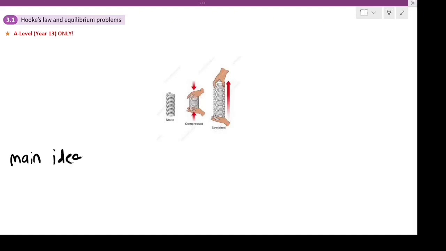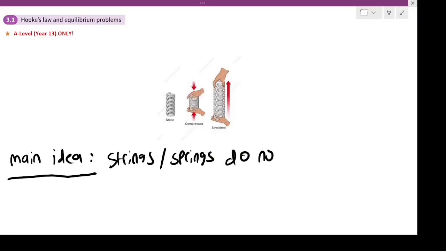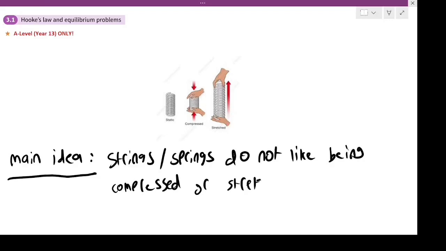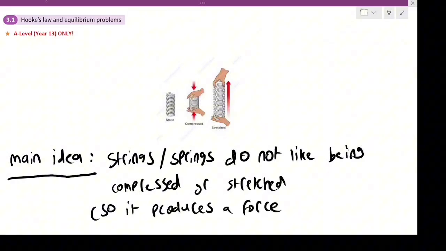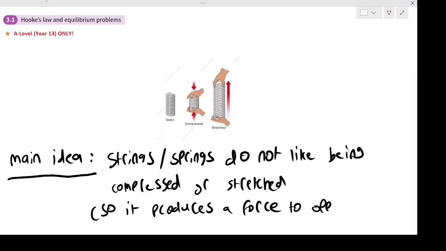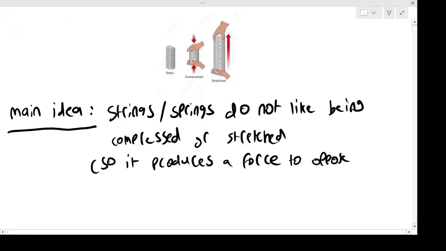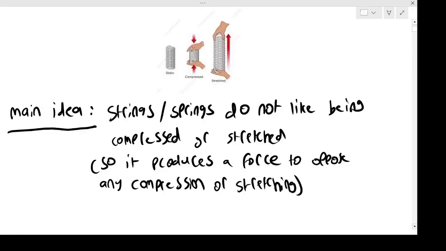The main idea with a string or spring is that strings or springs do not like being compressed or stretched, which means in terms of forces, it produces a force to oppose any compression or stretching.